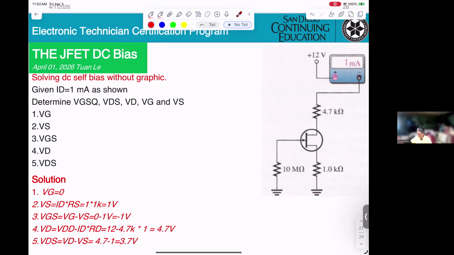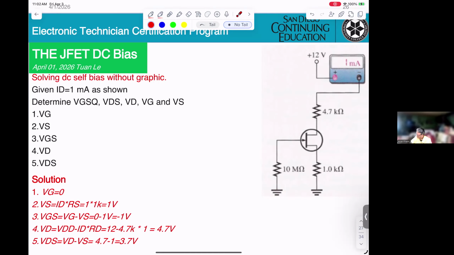Looking here, no negative voltage, so this will be self bias. Self bias needs the graphic to solve the problem. However, they say do self bias without graphic.